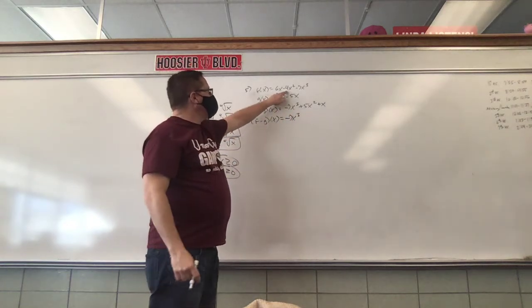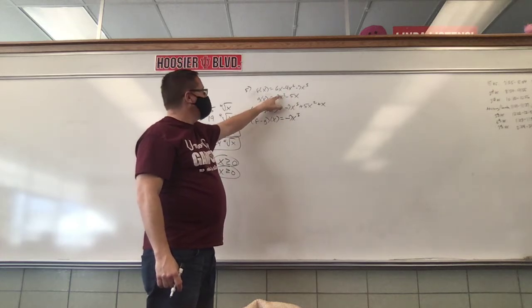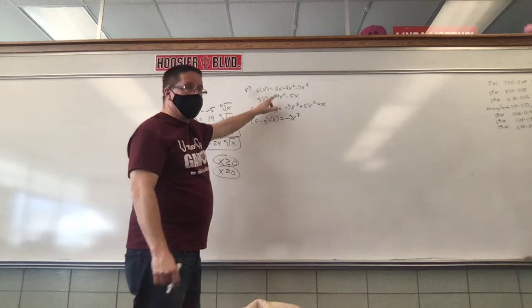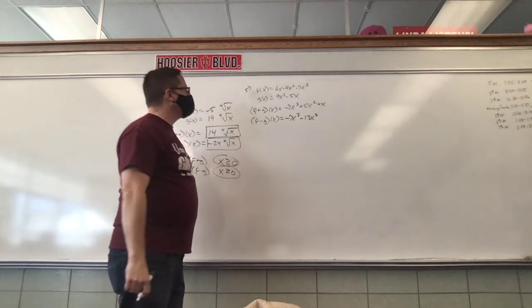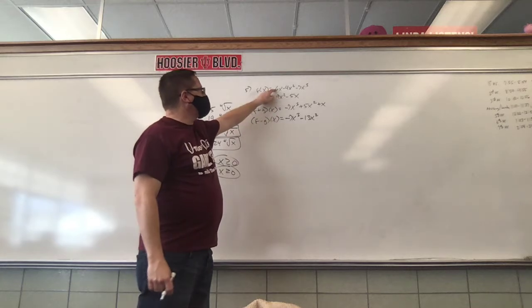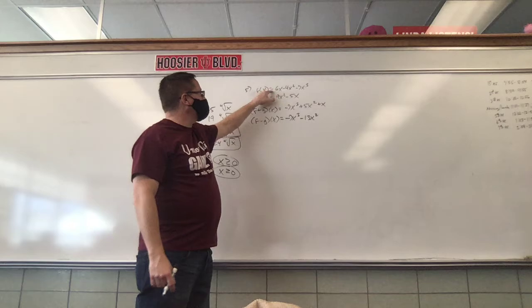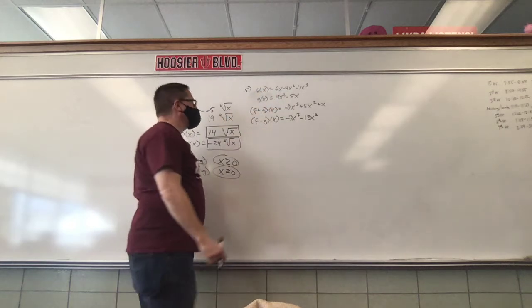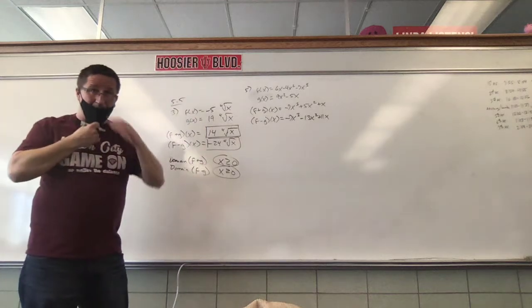Then I'm going to take negative 4x squared minus 9x squared. Negative 4 minus 9 more is negative 13x squared. And then I'm going to take 6x minus negative 5x. 6 minus negative 5 is 6 plus 5, which is 11x. So we good with that? I didn't show my work. Are we okay with that?